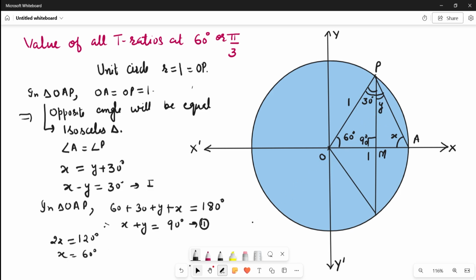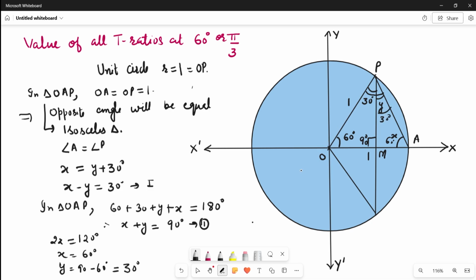Therefore, this angle will be 60 degree. Now y will be, put the value of 60 here. So y is equal to 90 minus 60 is equal to 30 degree. Therefore, this angle will become 30 degree.